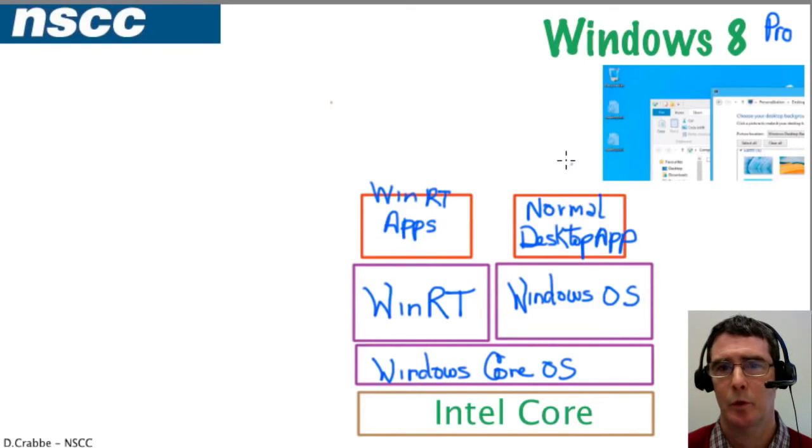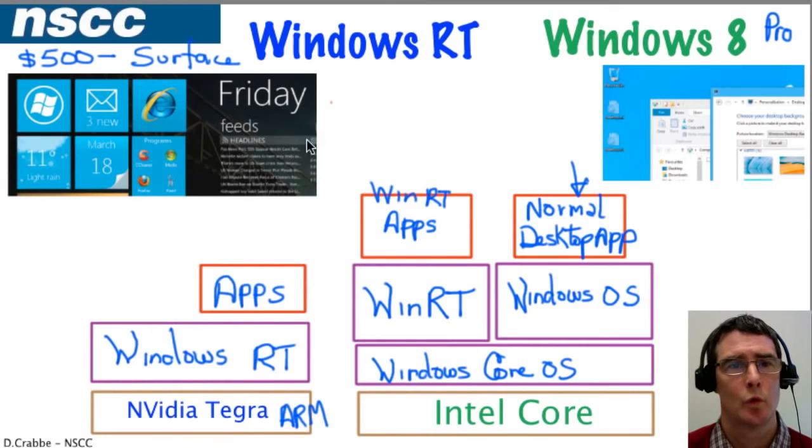That would be a typical Windows 8 app, and it would run on the Windows OS and the core, and would run on an Intel Core processor. The WinRT apps run on this type of interface. So what you'll notice is that in Windows 8 now we have this desktop we can get to. So we now have two types of applications.